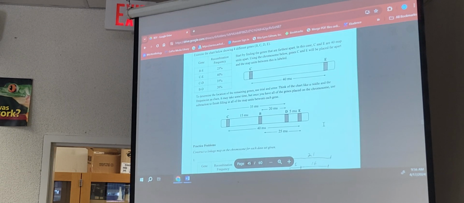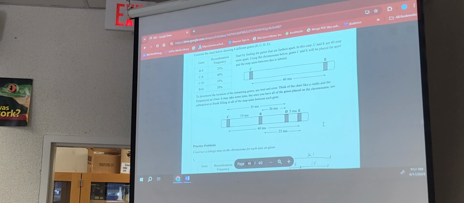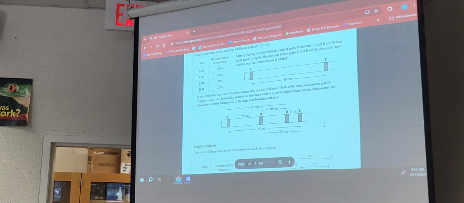So one possibility is that D is here, and this is 35, which makes this 5, or D is here, and this is 35, which would make this 75. Right? It could be either one. Right now, we have no idea. Does that make sense? Cool?